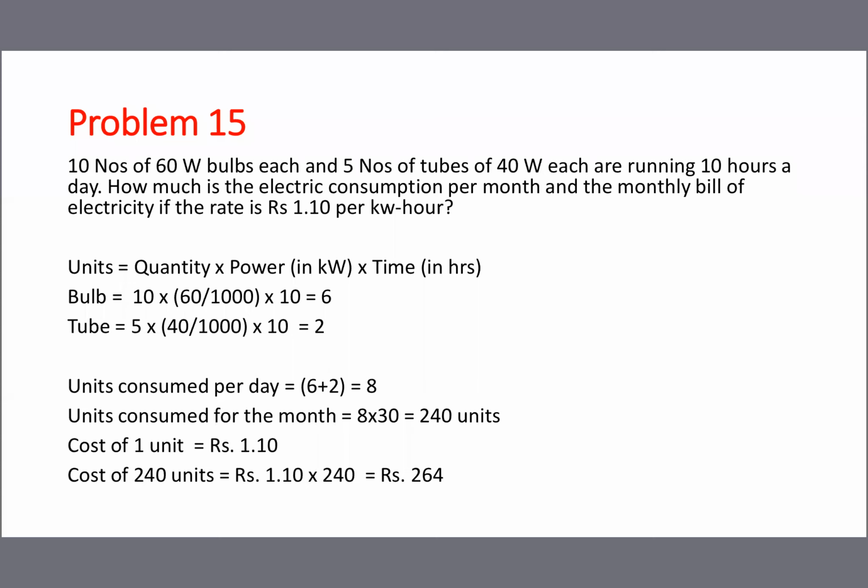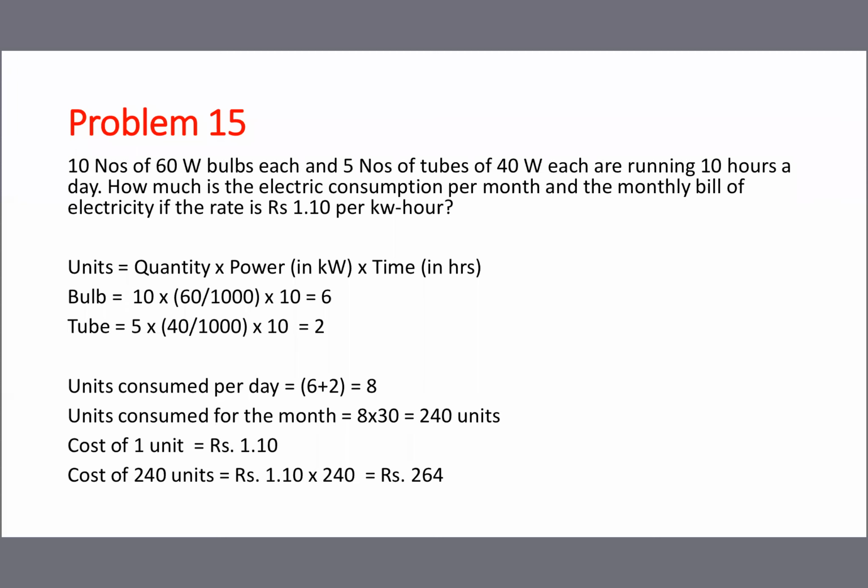You take one by one. How many bulbs? 10 numbers of 60 watt bulb. So quantity of bulb 10 multiplied by power of the bulb, that is output power of the bulb, 60 watts. But as per formula, it should be expressed in kilowatt, so divide by 1000, into time 10 hours a day.